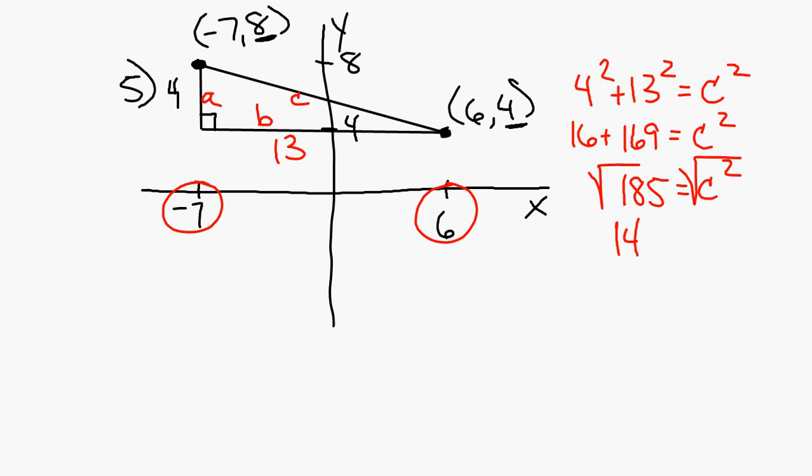To the nearest unit, that means the nearest whole unit. So 14 units from the subway shop to your house. Number 6 was on there by mistake. It's the same as 5, so just cross it out.